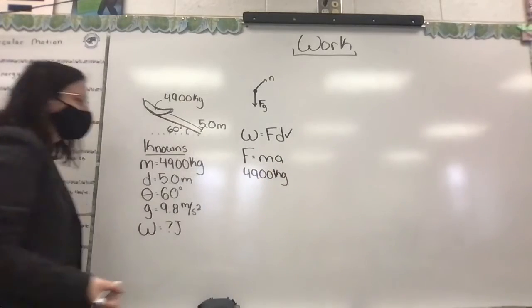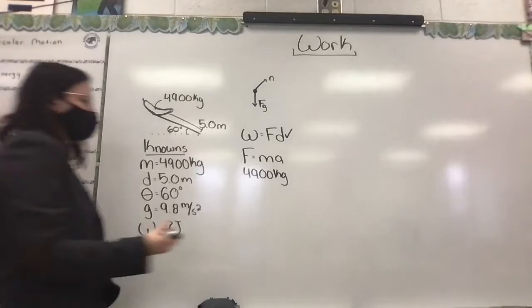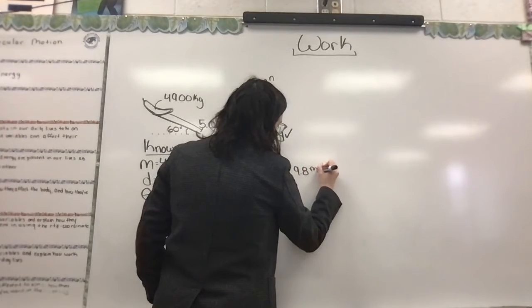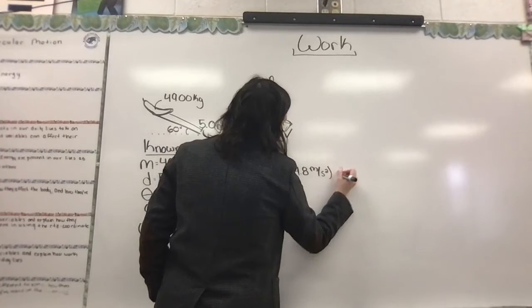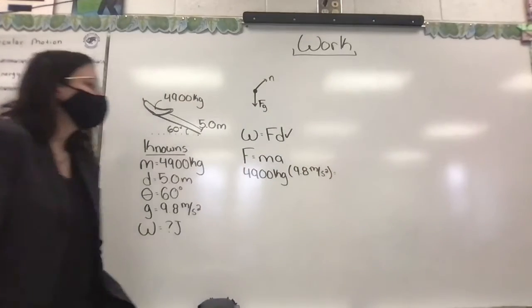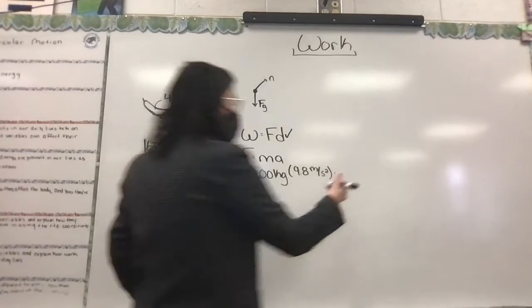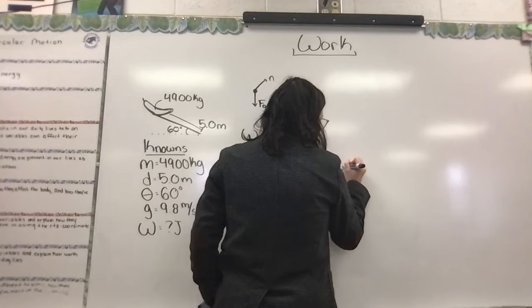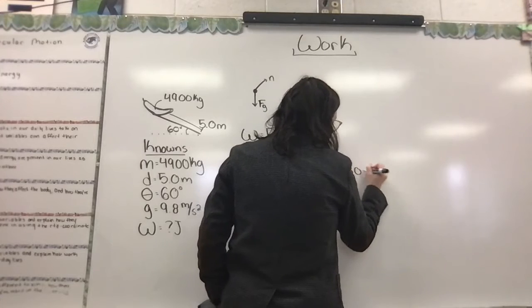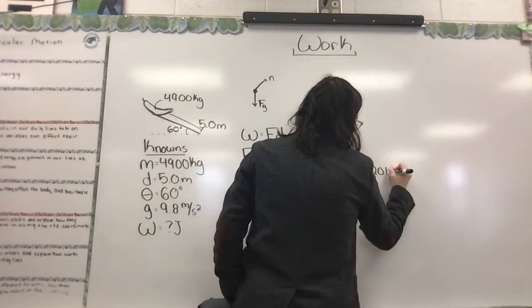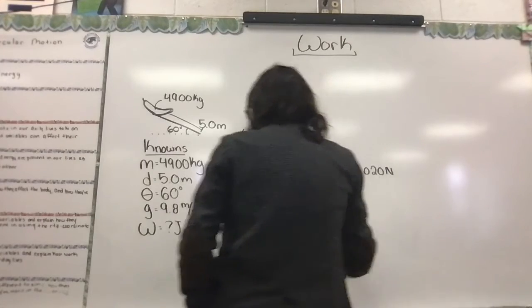And what's our acceleration? 9.8. 9.8 what? Yep, meters per second squared. Okay, so knowing that, what is our force here? 48,020. What are the units? Newtons. So that is a lot of force.